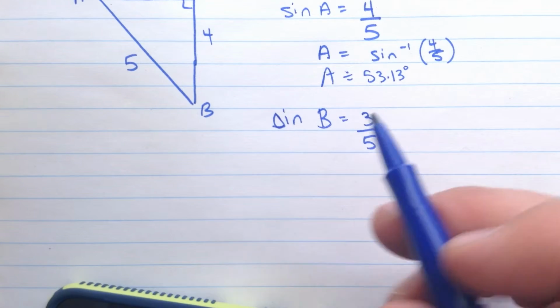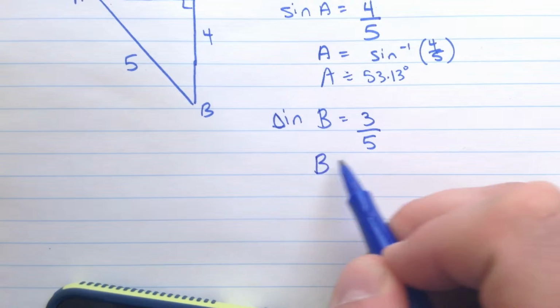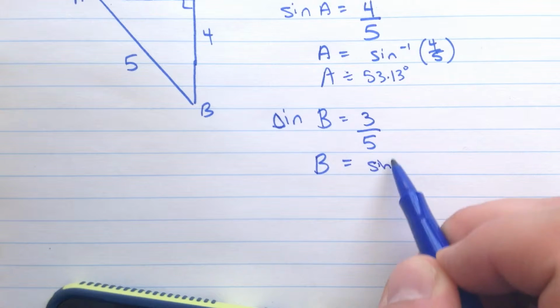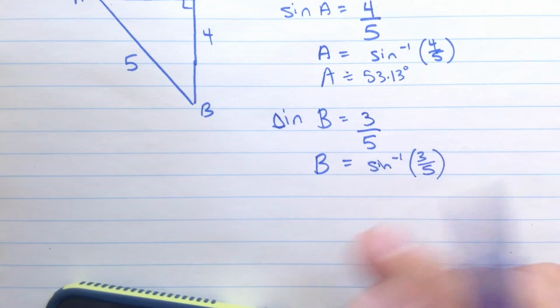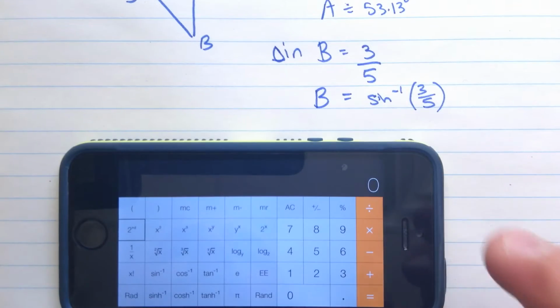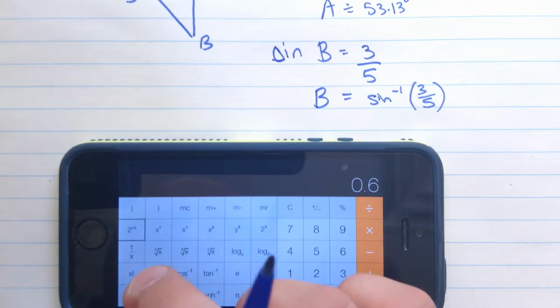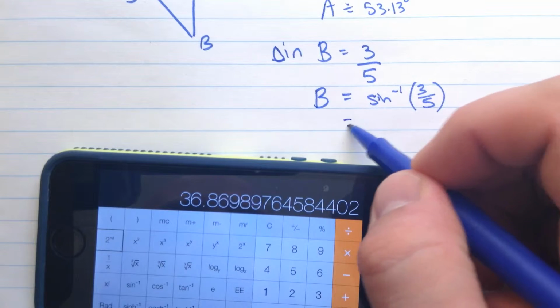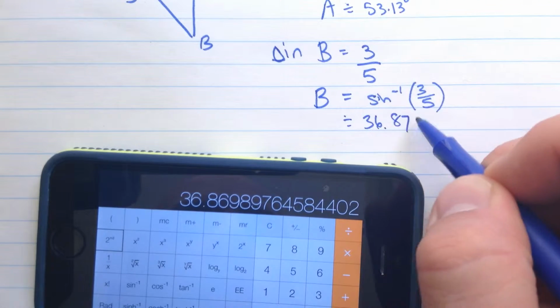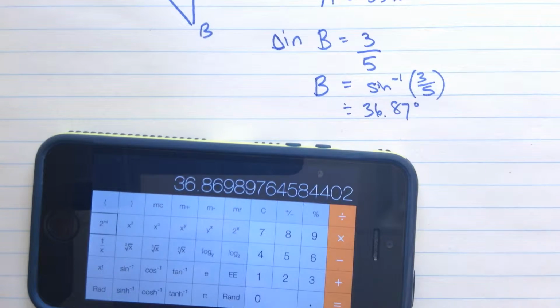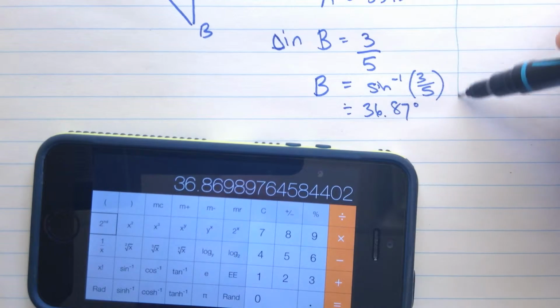Okay, so take the sine inverse of both sides and you get B equals sine inverse of 3/5, which is 0.6, excuse me, 0.6 sine inverse. Looks like it's about 36.87 degrees.